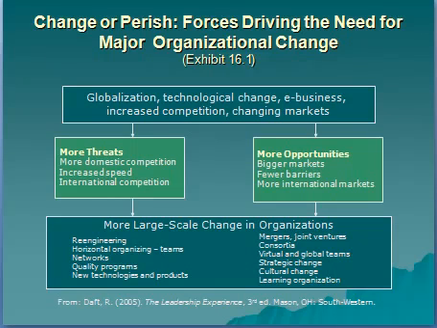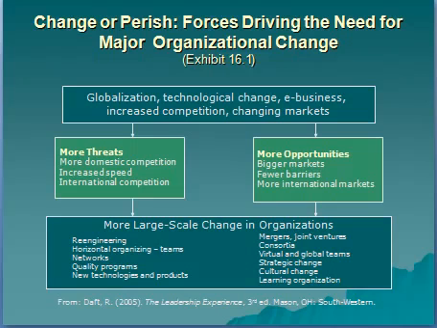This material comes from Daft, but it is based on a work by John Kotter. Here are changes that are going on in the world around us, and particularly the business world. Globalization, technological change, the sophistication of e-business now, increased competition, changing markets, those are always there.